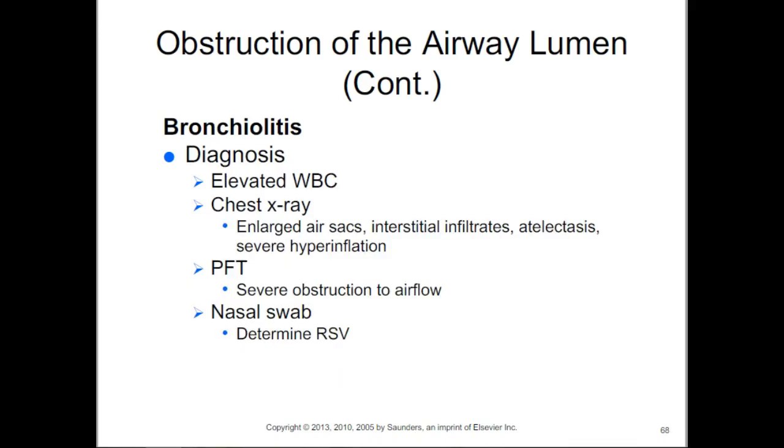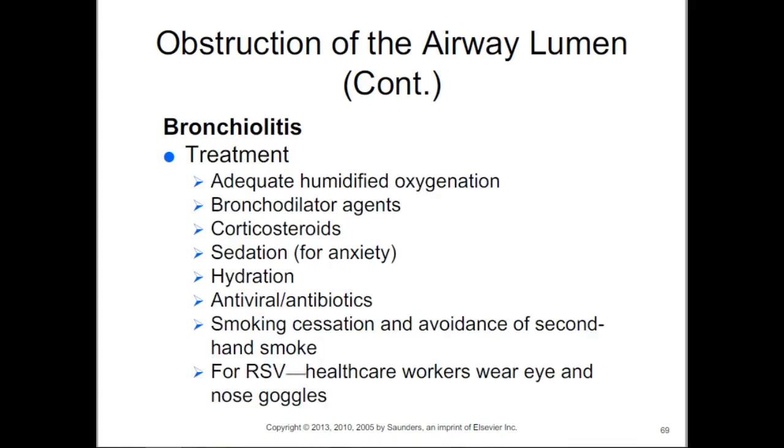All right, so elevated white blood cell count, chest x-ray with enlarged air sacs and interstitial infiltrates, atelectasis, again, lung collapse, and hyperinflation. And then your PFTs indicate a severe obstruction to airflow, and nasal swabs to determine if RSV is the cause. So what are some of the treatments for this?